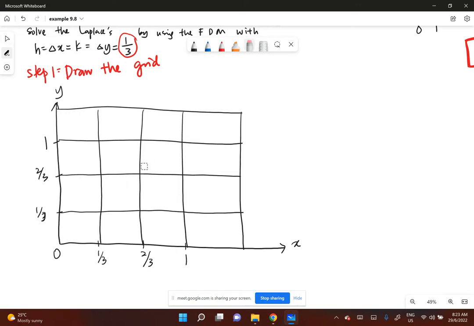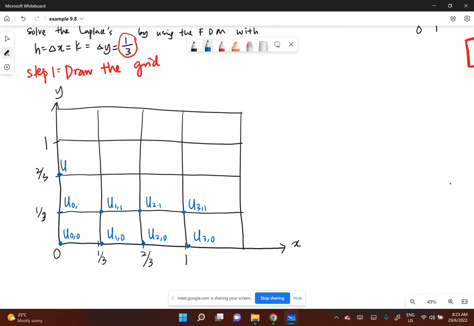Now we have to write the name of each grid point. At this point, this is U00. At this point, U10, U20, U30. And here, this is U01, U11, U21, U31.